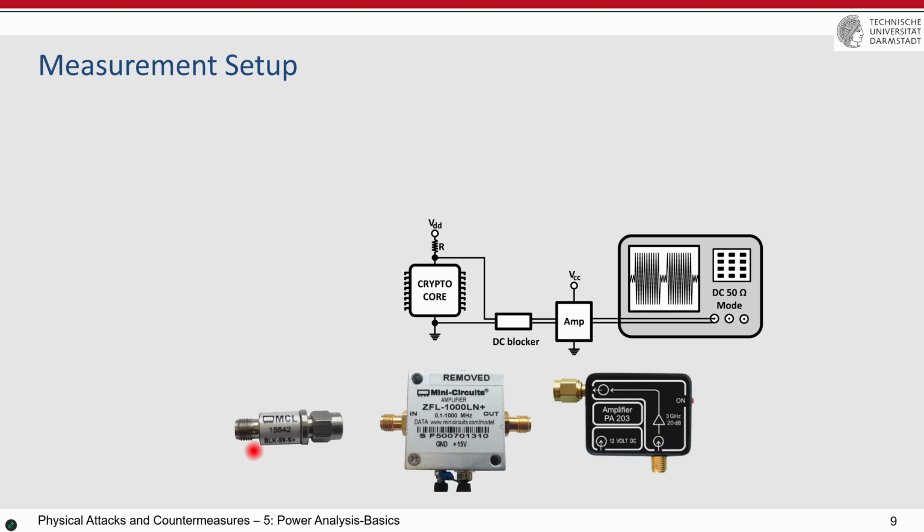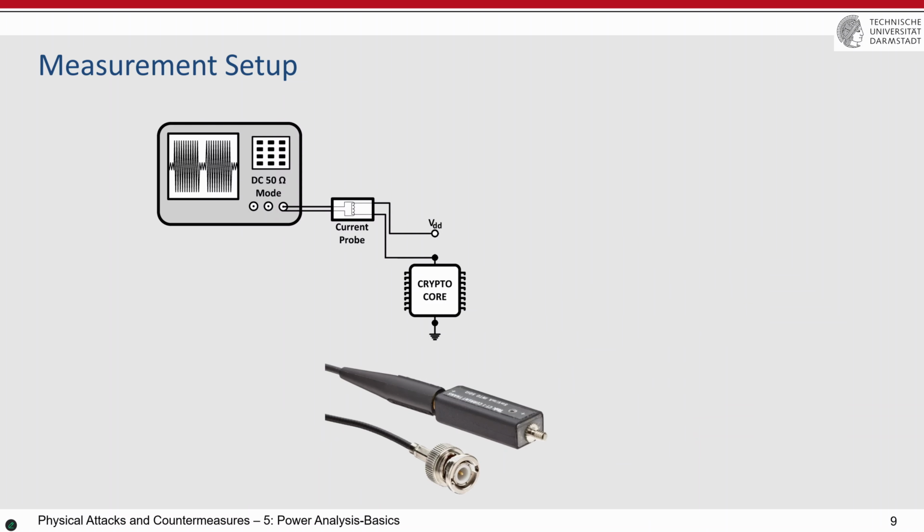Now, the current probe. If you look at here, the resistor is completely gone. We cut this and then bring the VDD to the coil, to the current probe. You see here there is a hole inside the current probe. Then the cable of the power should pass through this hole. It goes through this hole and it's connected to here. Of course, it might be noisy because of this.